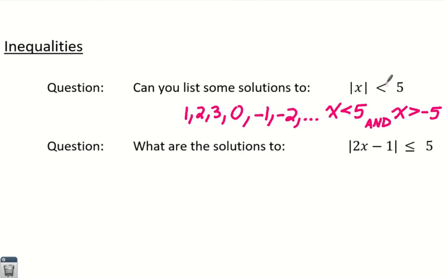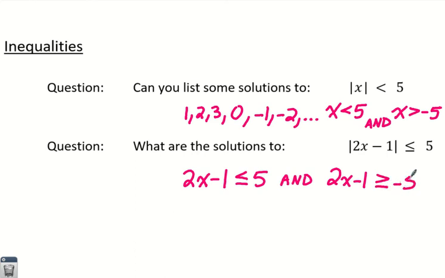And so just like we looked at here, it's going to inevitably be that 2x minus 1 can be less than or equal to 5, but at the same time, 2x minus 1 needs to be greater than or equal to -5. And the word that fits the situation here is AND.